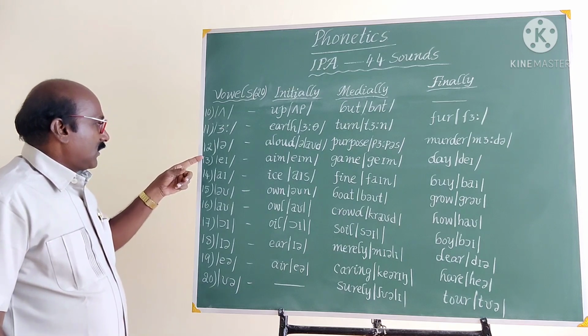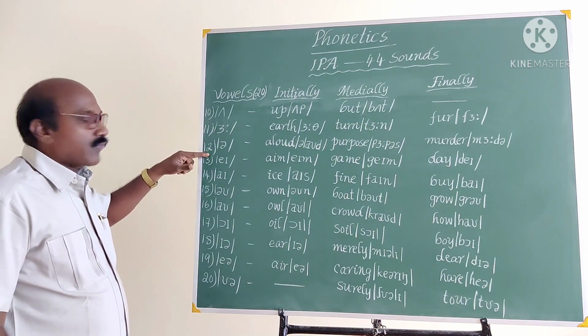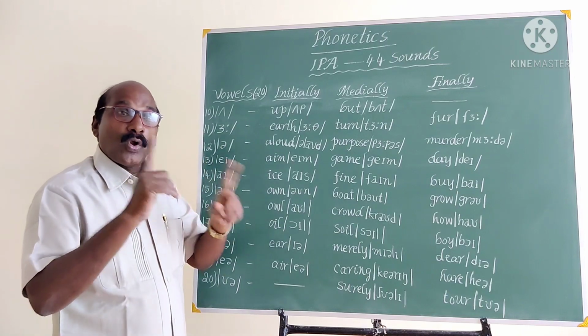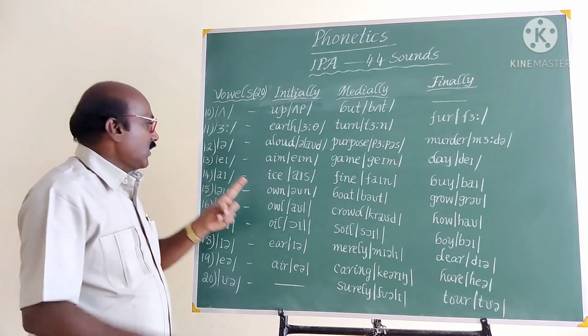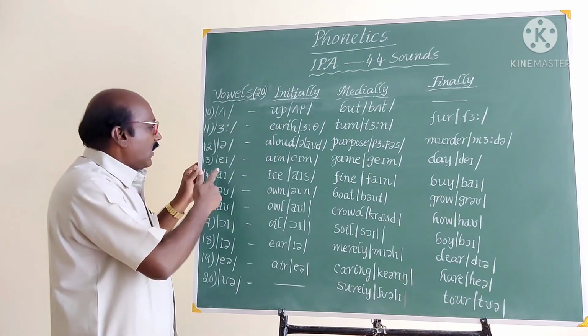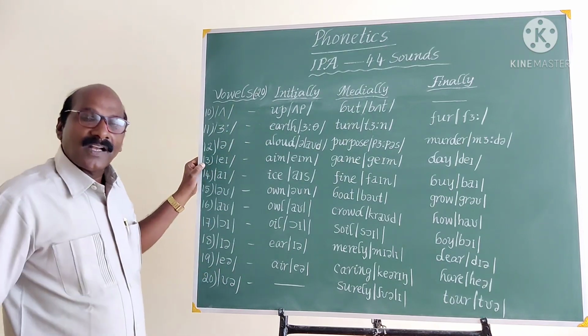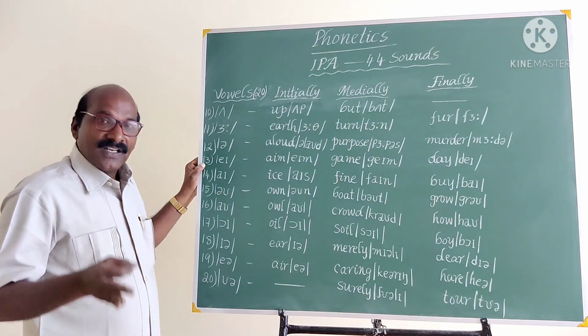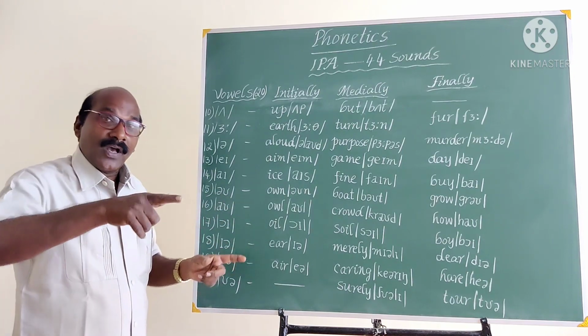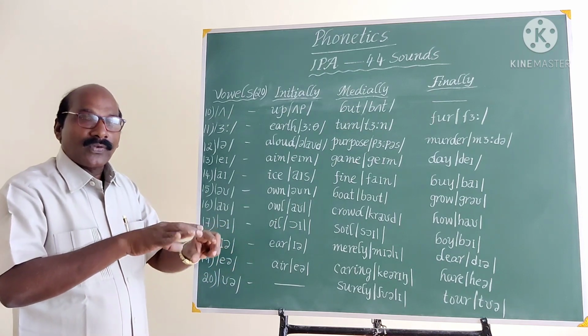And the remaining, 8 up to 12, we can say they are monophthongs. Monophthongs, only one sound. In case of the remaining vowel sounds, these 8 are said to be diphthongs. Diphthongs means union of two vowel sounds.